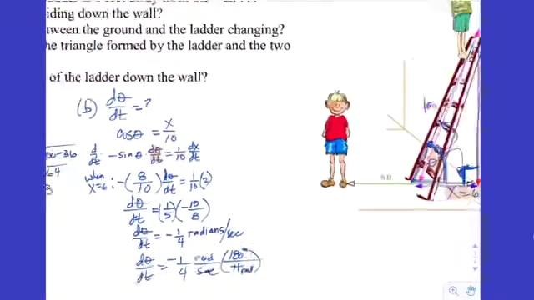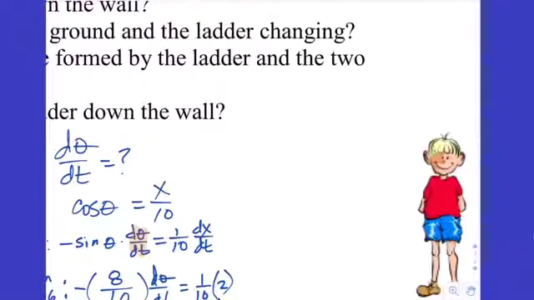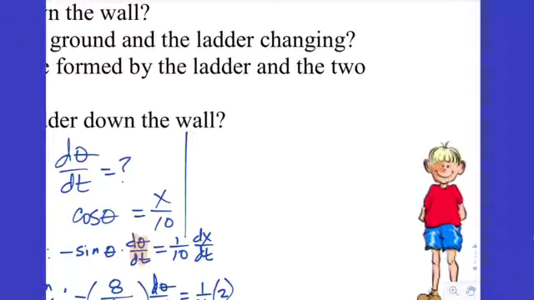All right, if we would have done it without the cosine, let's see what else we could have done. Let me kind of sneak it in right here. You could have gotten theta equals the inverse cosine of x tenths.